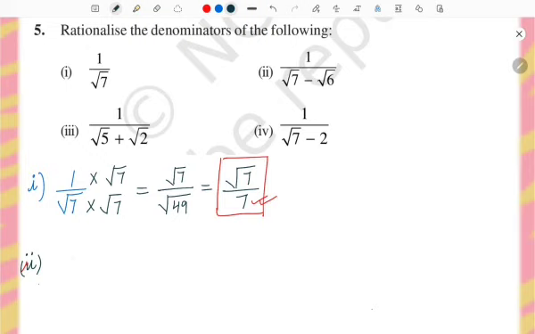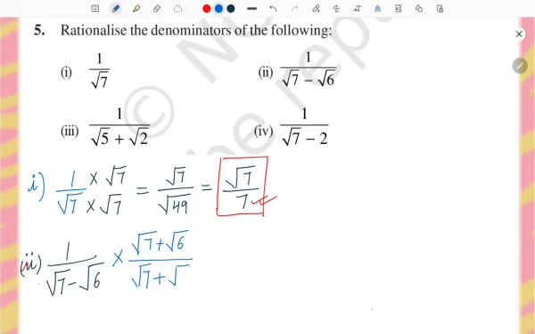The next part I have is 1 upon root 7 minus root 6. Now how do we rationalize numbers like these? We keep the numbers same, only change the sign between the numbers. Here we have negative, we are going to put a positive sign, plus root 6. The answer I am going to get?